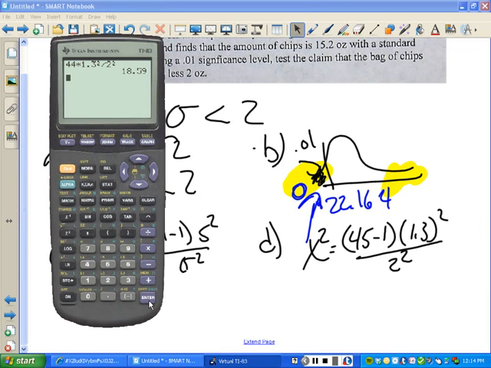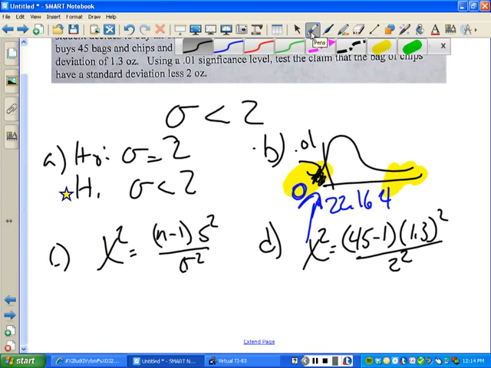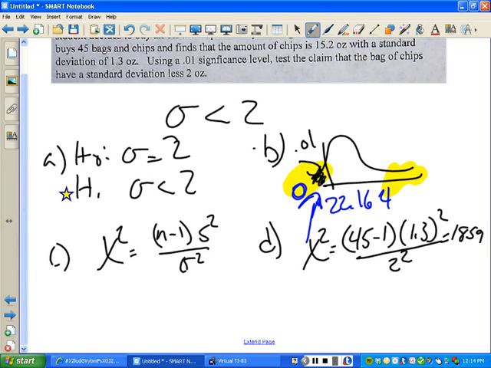18.59. Is that what everybody got? 18.59? Okay. Now, where is the 18.59 at, though? Is it in the rejection region or the non-rejection region? It's in the rejection region.